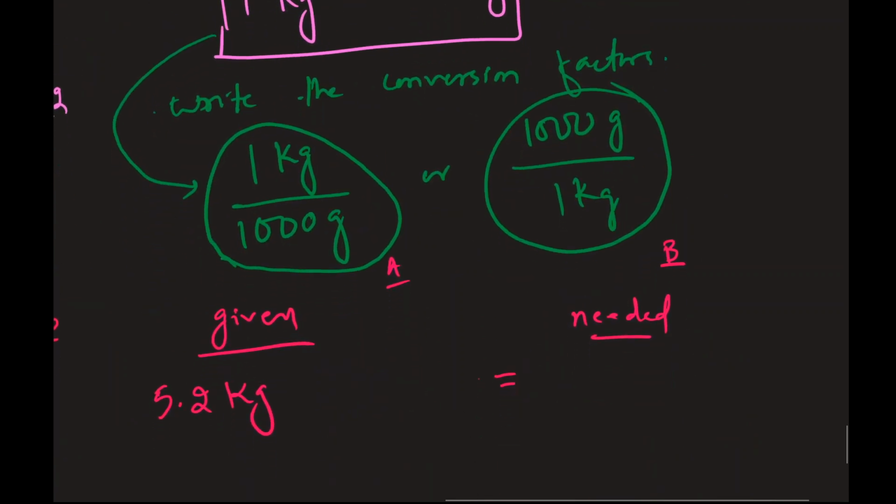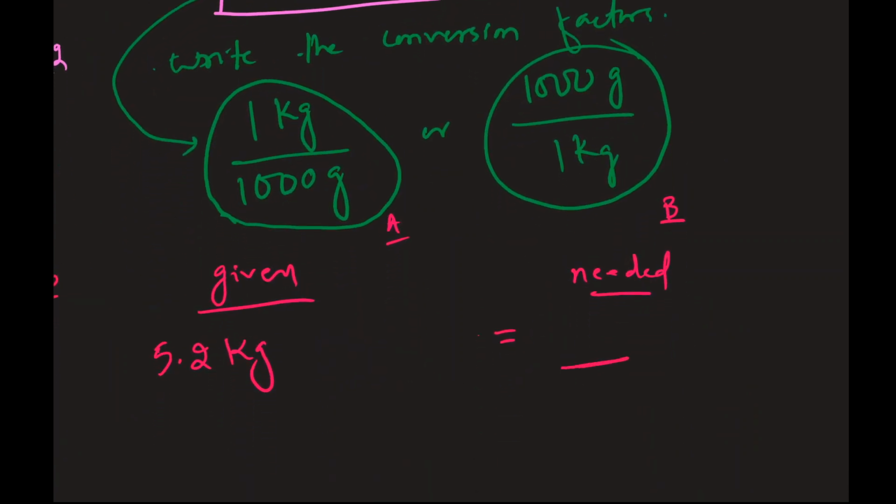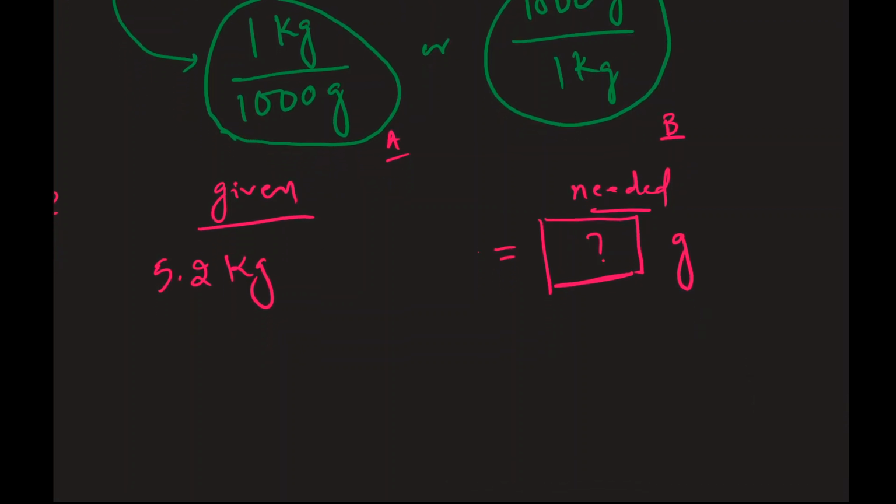So we need a certain number of grams. That's our question, right? When you are given this, the next thing you want to do is multiply given by our conversion factor, and then you're going to find your needed. That's pretty much all about it.